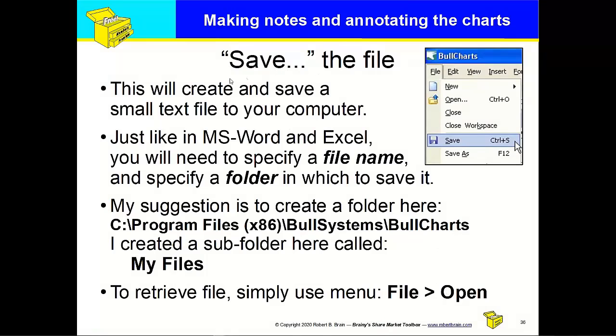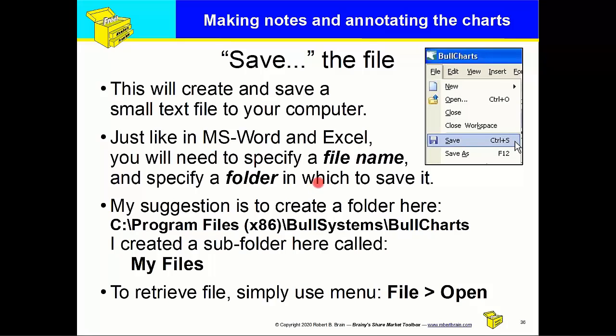So as I mentioned, when you save the file, it creates a small text file, and doing this is not much different to using Microsoft Word or Excel, or, because I hate them, I use LibreOffice and their functional equivalents, and you'll need to specify a file name and a folder in which to save that file.